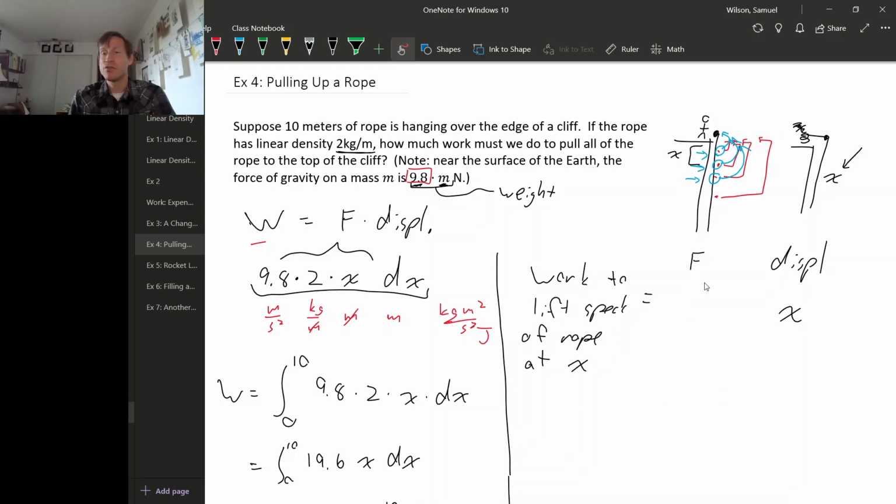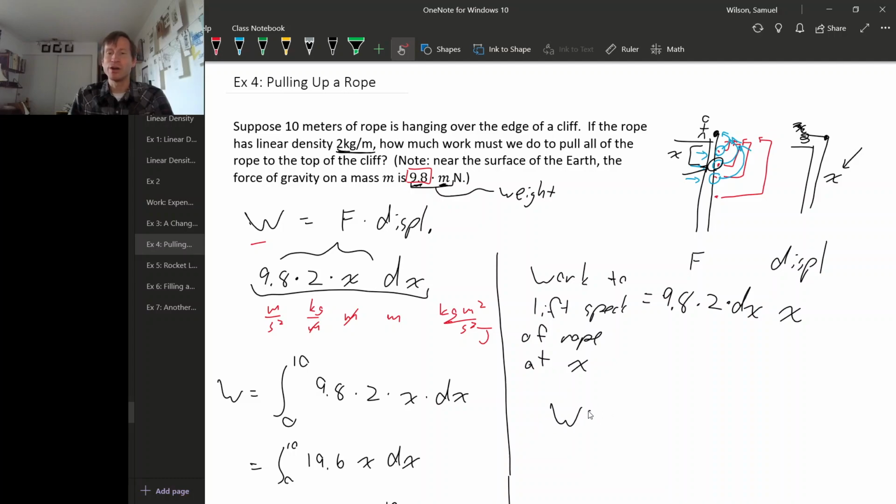Now for the force to lift this speck of rope at position X, we have to exert a force to counteract gravity. So that's 9.8 meters per second squared times the mass of this little speck of rope. But the mass of this speck of rope is the linear density, 2 kilograms per meter, times the length of this speck of rope. But this speck of rope is infinitely short, so it's dx. And then to add everything together, we integrate this.